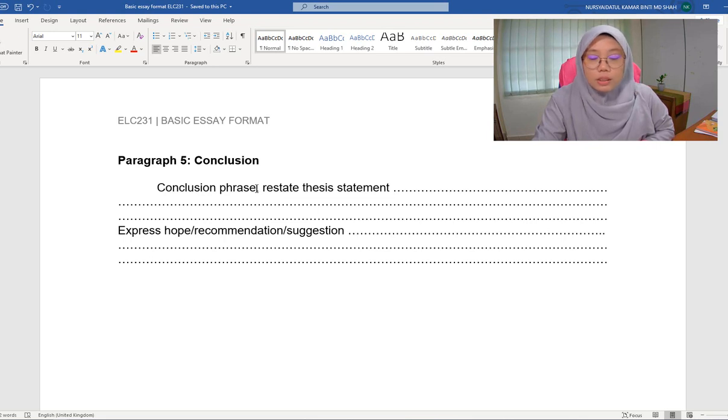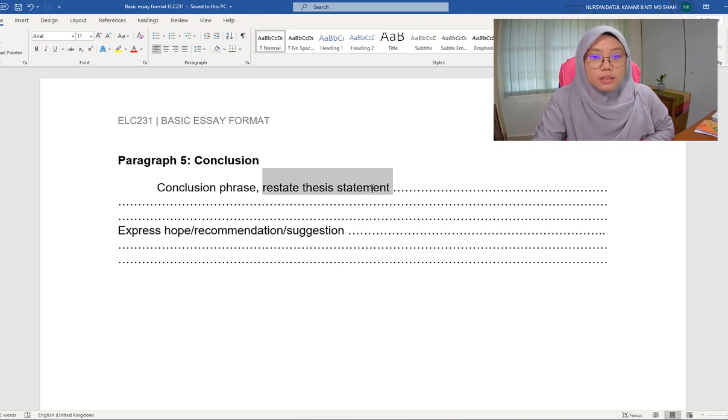You can Google, there are a lot of other conclusion phrases available. Then you restate the thesis statement, and last but not least, you express hope, recommendation and suggestion for the issue or the topic being discussed here.